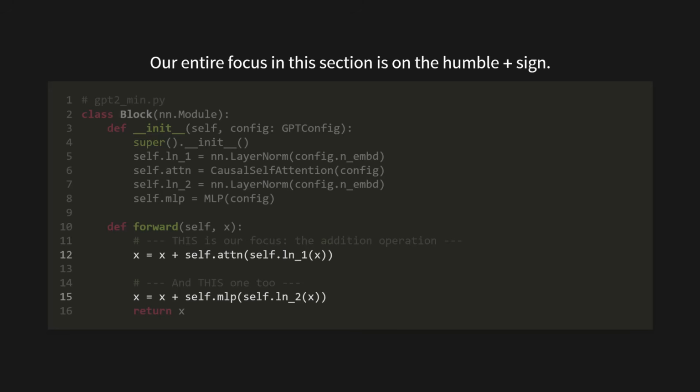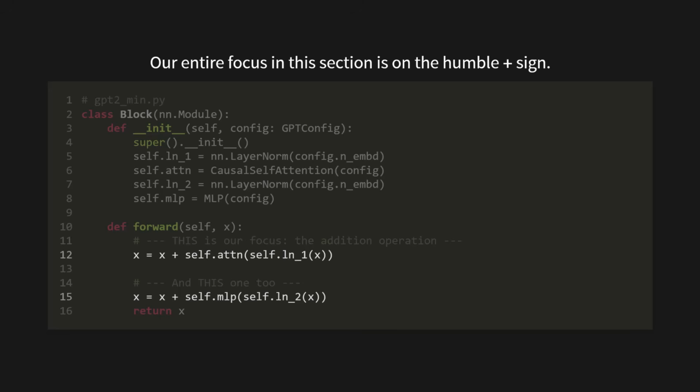Let's look at our gpt2_min.py file inside the Block class. The class has an init method with layer norm, attention, another layer norm, and an MLP. But the magic is in the forward method. Look at this line right here.